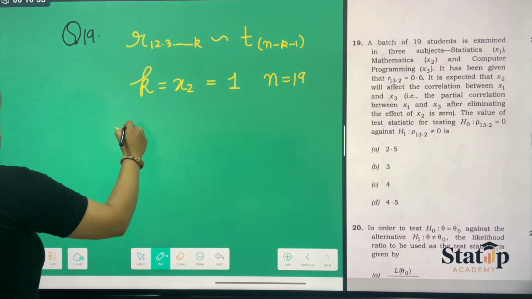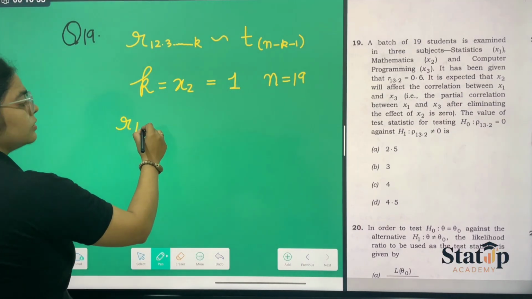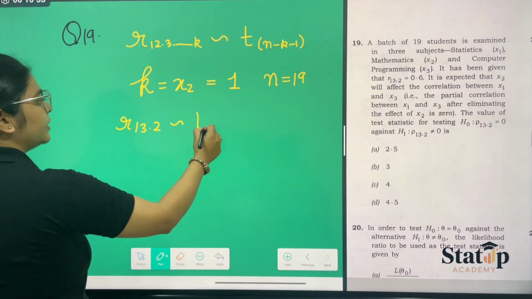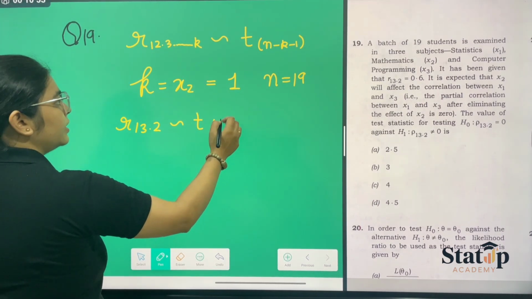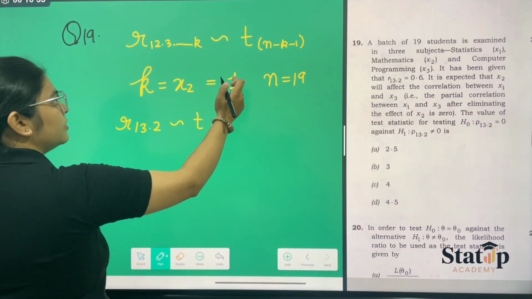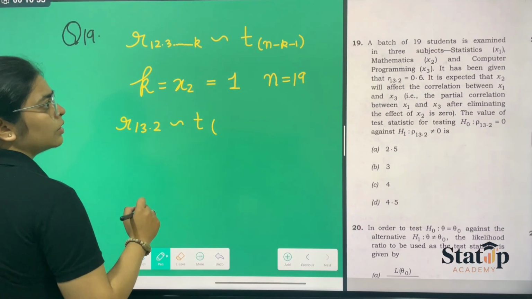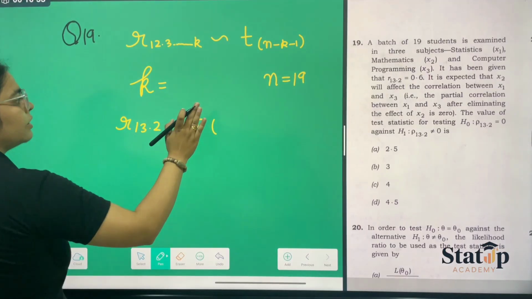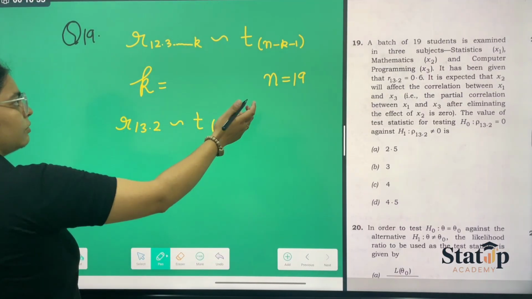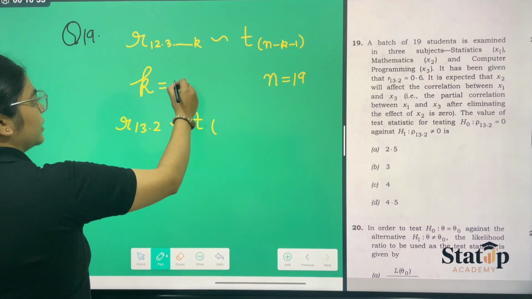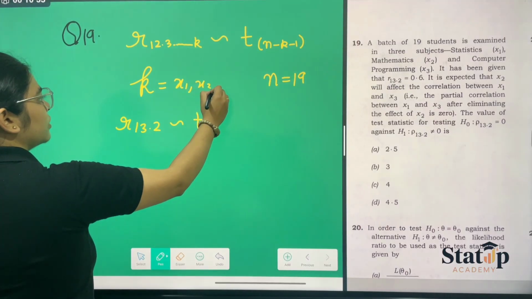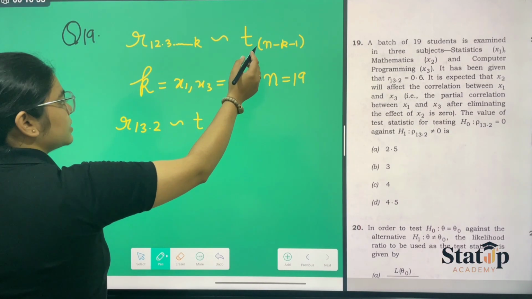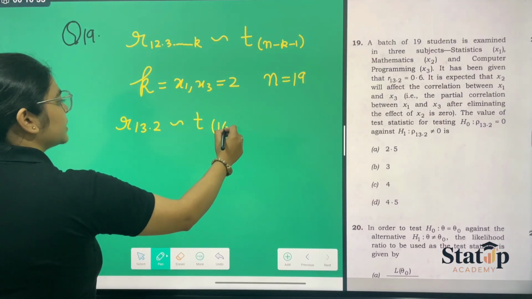So we can say that R13.2 will follow a t distribution with 19 minus 1 minus 2 degrees of freedom, where 2 is the number of variables X1 and X3. So it will be 19 minus 1 minus 2, which is equal to 16.